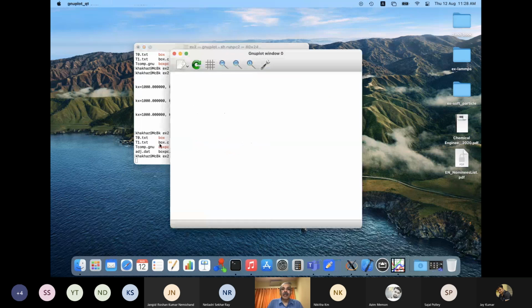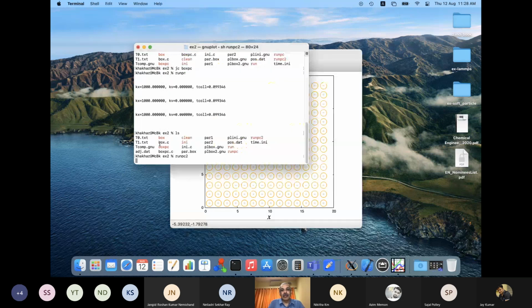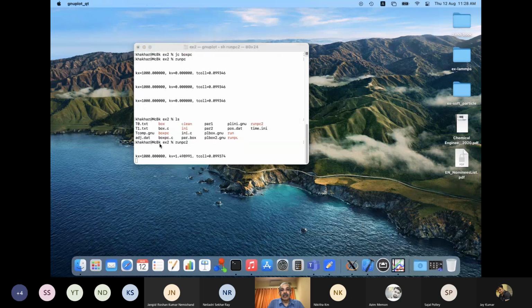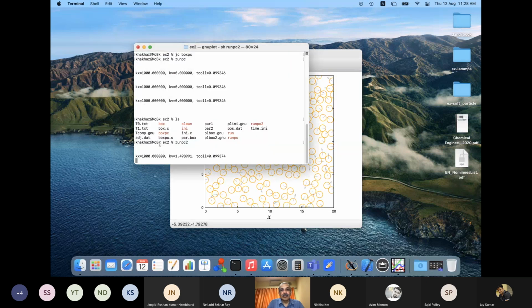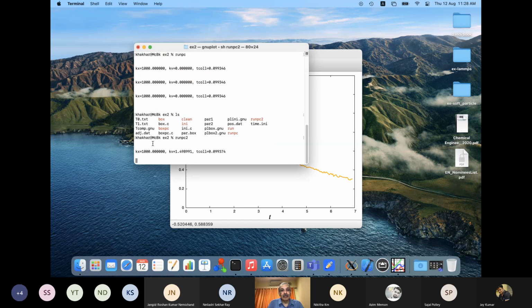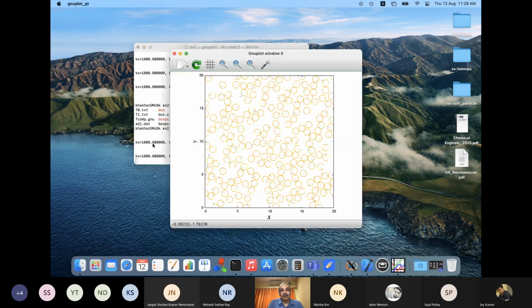coefficient of restitution 0.9, same program, and then you can see that the velocities will decrease. Here you can see the velocities coming down, and of course the kinetic energy also falls with time.